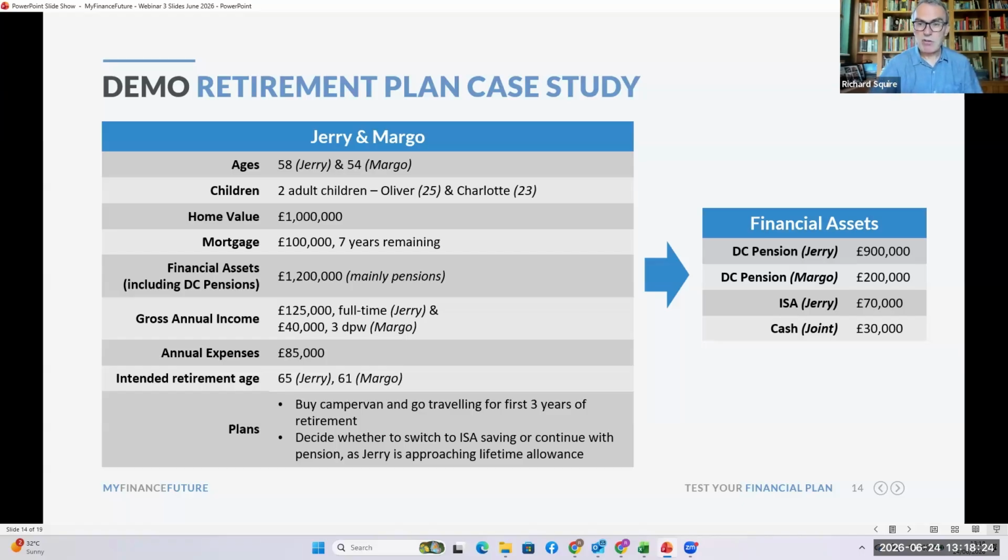And at the moment, because Jerry's pension is approaching the lump sum allowance limit, where he won't get any more tax-free cash if he carries on investing in it, allowing for growth and all the rest of it, they're thinking about their investment strategy and whether they should switch to ISA saving or can carry on investing in Jerry's pension.